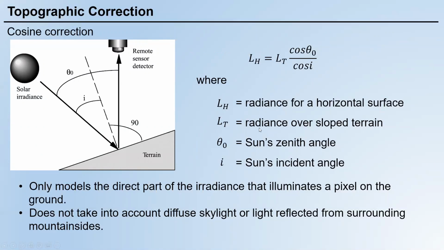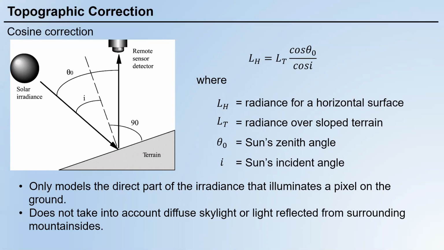As long as you know theta 0 and the I value, and of course LT, the radiance for a pixel representing this slope, then you can do this very simple correction for topography.